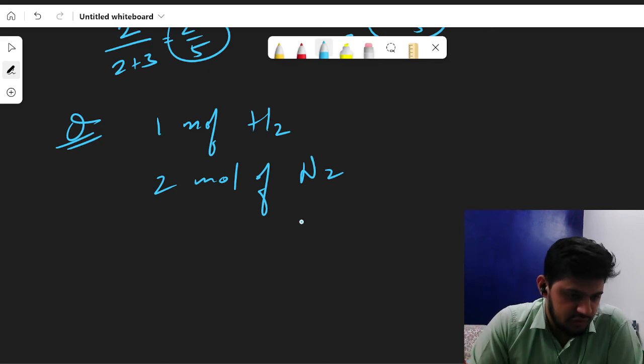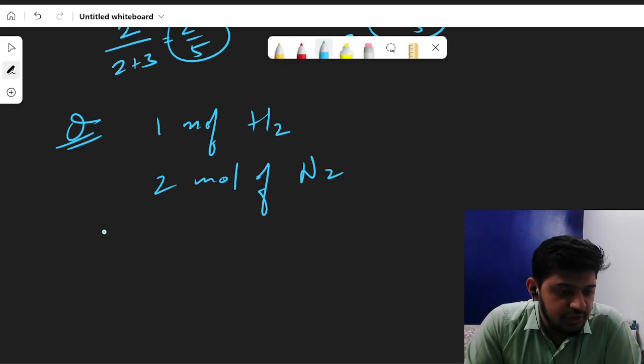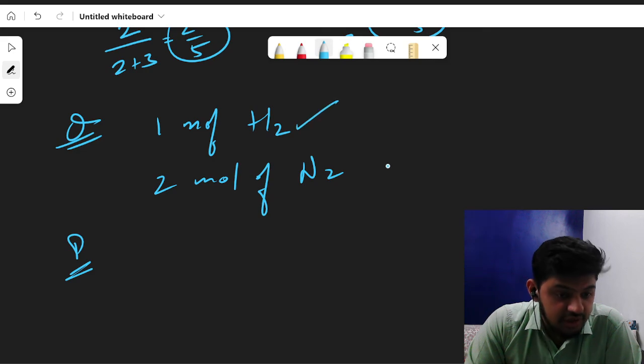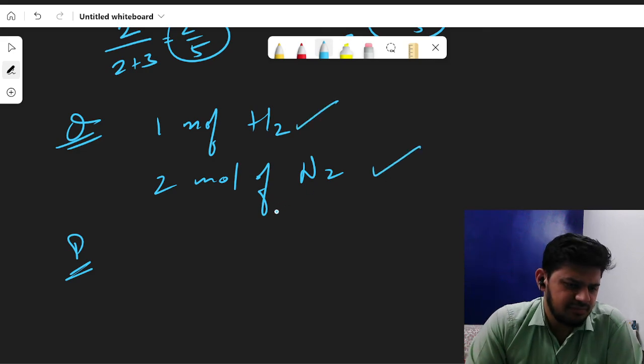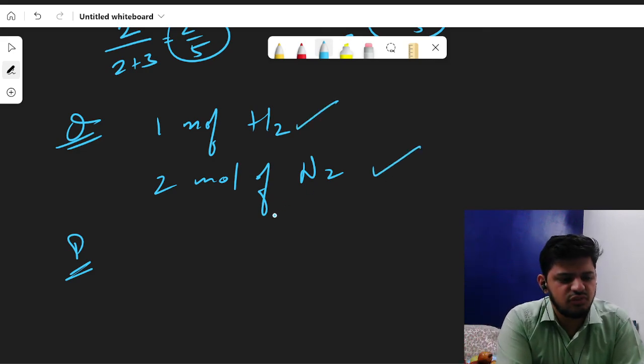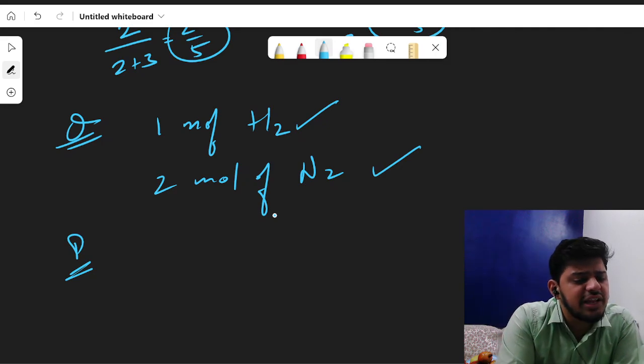Okay, I have this mixture. I want to calculate what will be the pressure for hydrogen and for the nitrogen? Wallah, very simple. You already know.